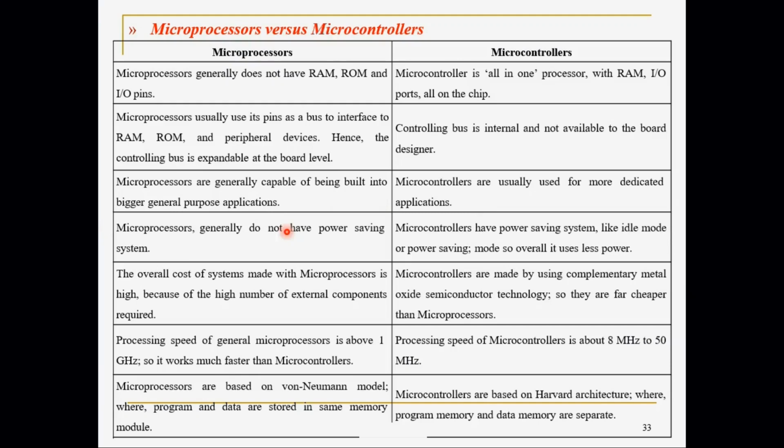For microcontrollers, while designing, they have taken utmost care to consume less power, so they have a power saving system. Why? Because microcontrollers are used in embedded systems, and embedded systems have a limited power source. Most of the examples we give, like your refrigerator or microwave oven, connect to direct domestic AC current, no problem.